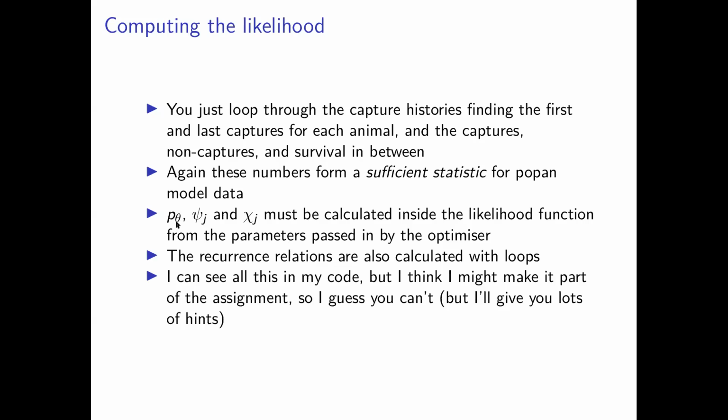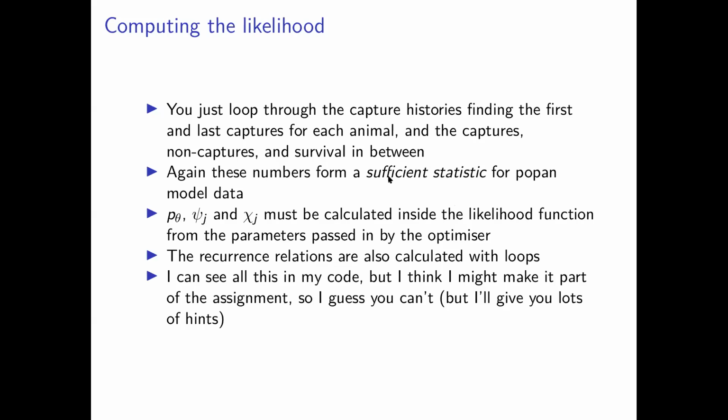And then P sub theta, remember that's the probability of observing an animal at least once. And psi sub j and chi sub j have to be calculated inside the likelihood function. So you want to find these summaries outside the likelihood function and pass them in, because you don't need to recompute them every time.